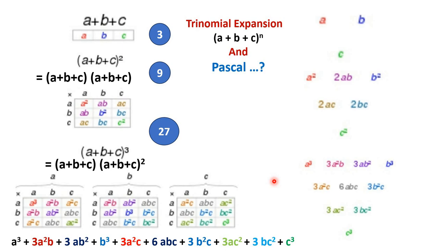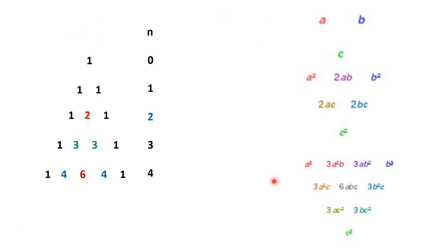Now we try to understand: is it the Pascal triangle? No. Let us get it more clearly from another example. So this is the Pascal triangle. This is the number of rows, 0th row, 1st row, 2nd row, and so on.